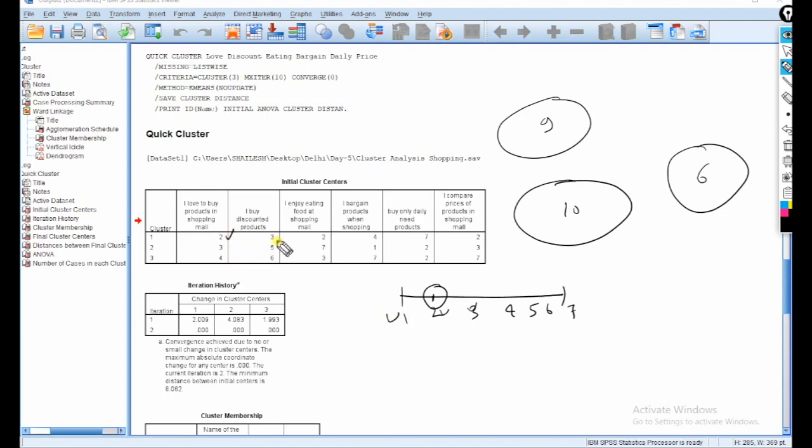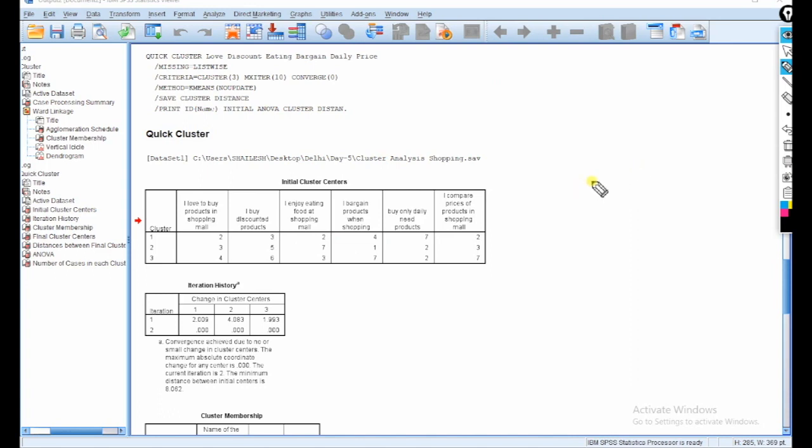Same for question number 3: 2, 3, 2, 4, 7, 7. Now what does it mean?